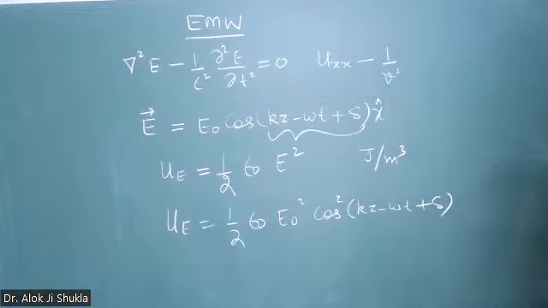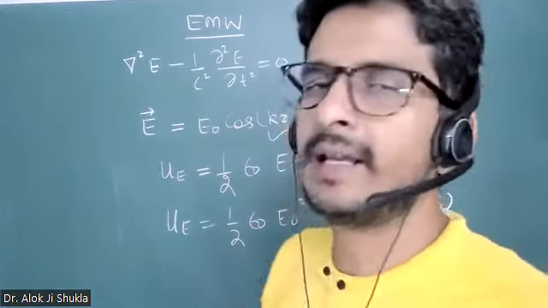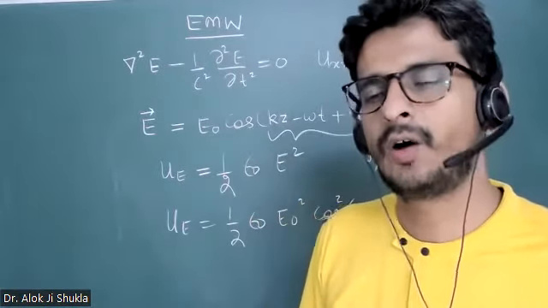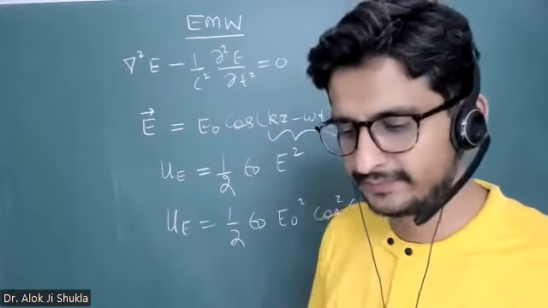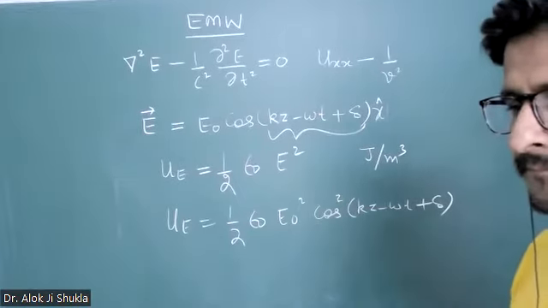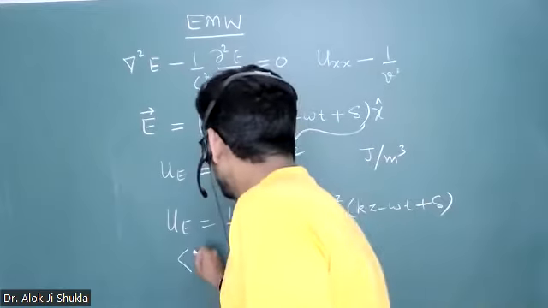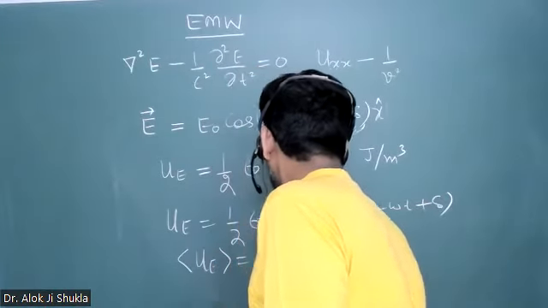Suppose your salary is different every day, and at the end of the month somebody asks you what your salary is. How will you tell? Suppose your daily earning is different. Average. You will tell the average. So the simple thing we do is we write the average value of it because it is an oscillating value.